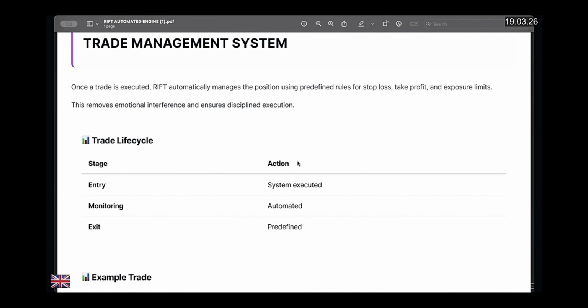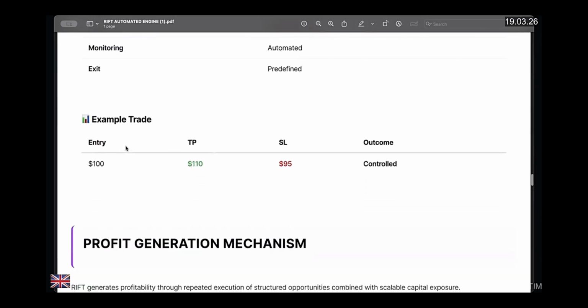When it comes to the automated trading engine, it takes out the profit instantly once it realizes some profit is there already. For example, if you are entering with $100, there is a take profit of $10 at 110 and a stop loss at 95. The outcome is controlled already because you know you can potentially lose $5 on this particular trade, and potentially make $10 on it.